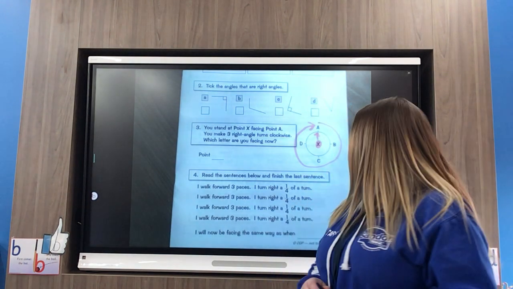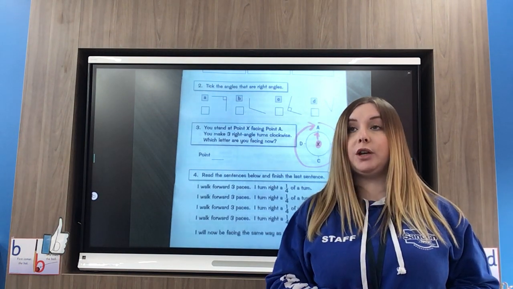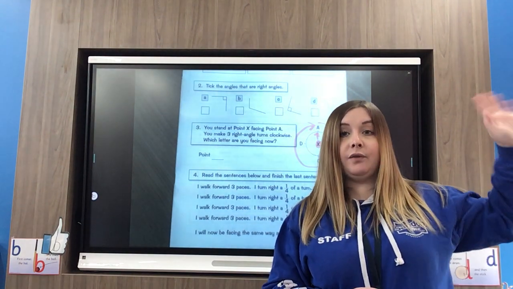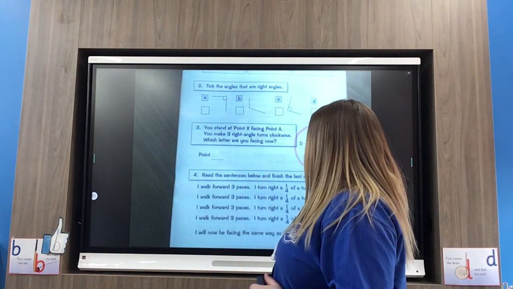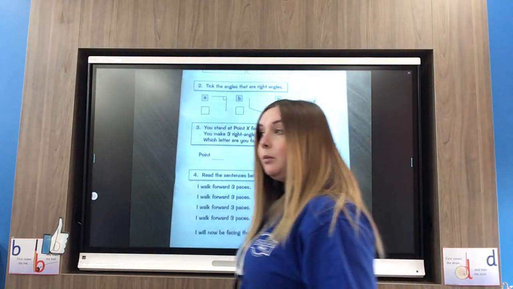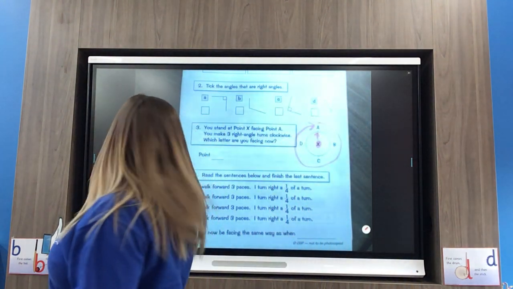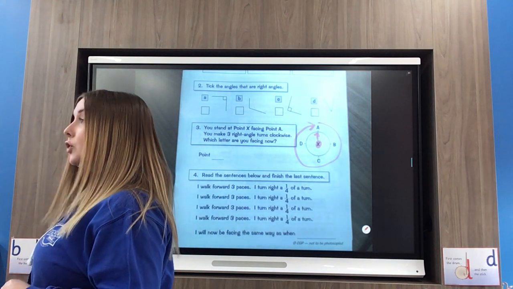I turn right 1/4 of a turn. Now this is left, so right is this way. I walk 3 paces. 1, 2, 3. I turn right 1/4 of a turn.